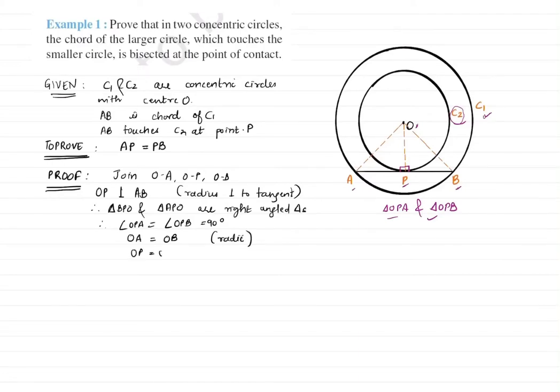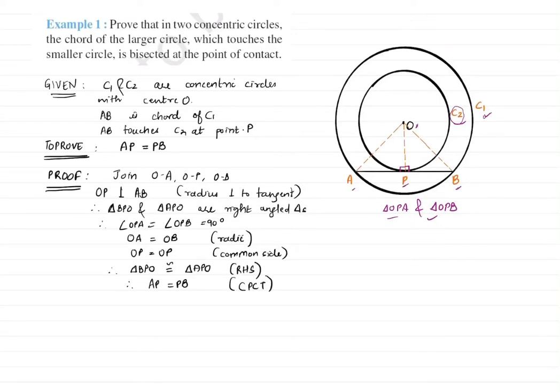OP is equal to OP because it is the common side. Therefore, triangle BPO is congruent to triangle APO by the RHS rule. Therefore, AP is equal to BP by CPCT.